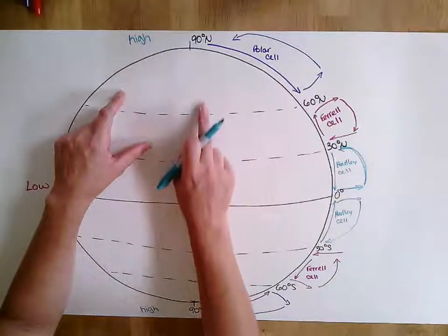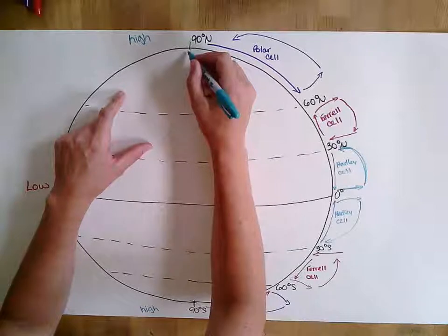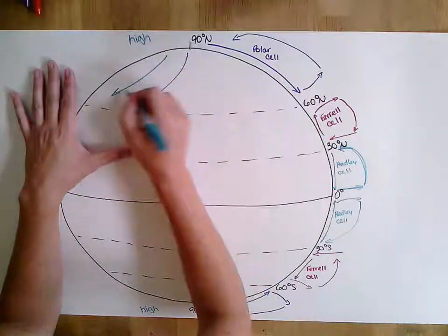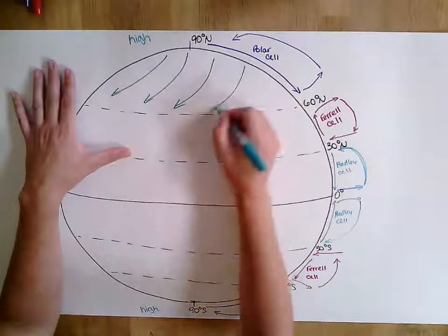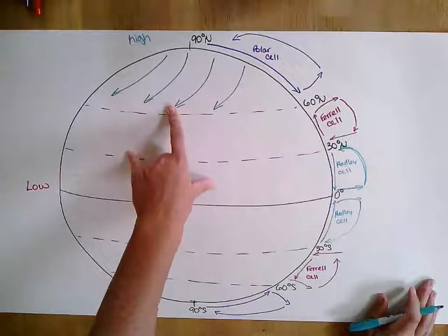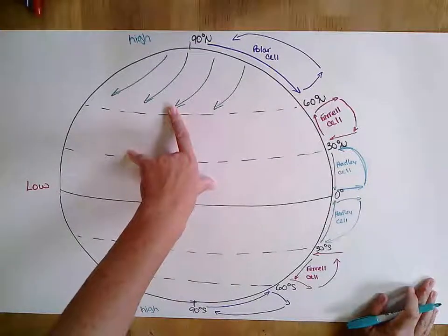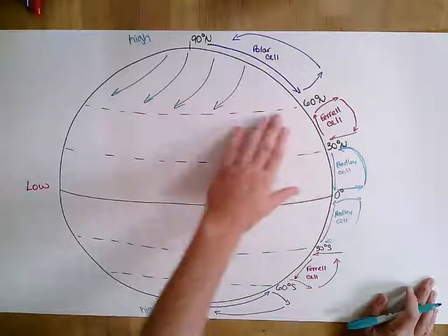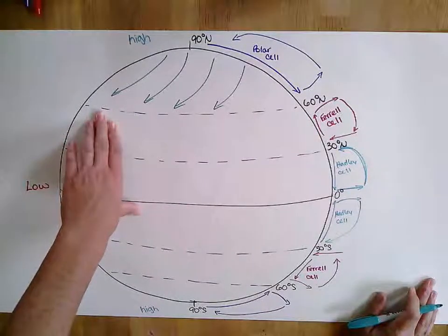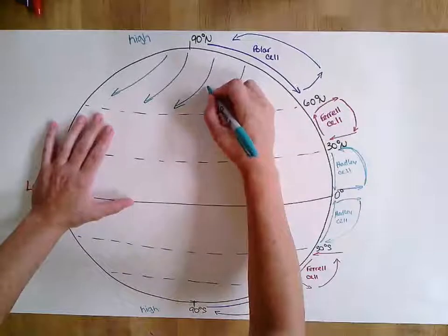So it's wanting to move down, but it's going to go off to the right. And that's due to the Coriolis effect. So it's traveling from the east to the west, and we always name winds by where they come from. So these are called the polar easterlies.